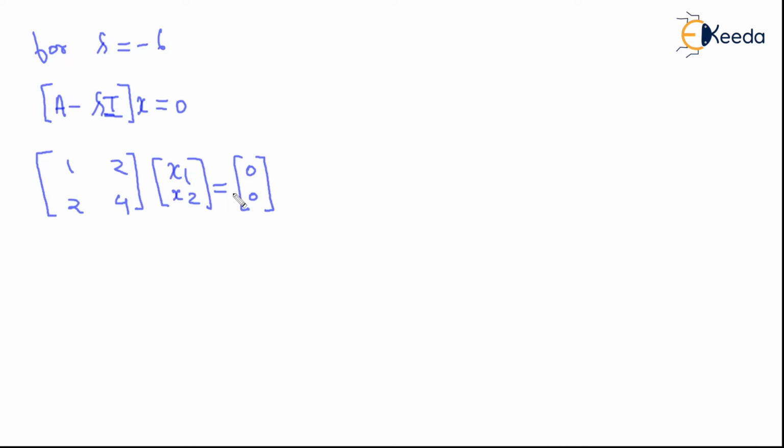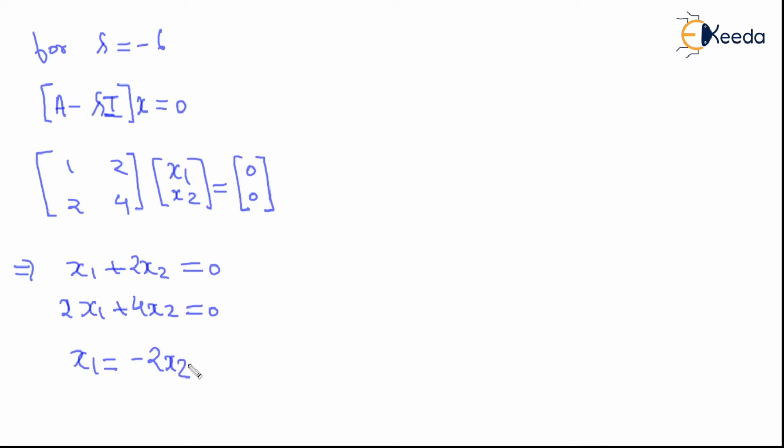Now this gives you x1 plus 2 x2 equal to 0 from the first row, and 2 x1 plus 4 x2 equal to 0 from the second row. So we can say that x1 is minus 2 x2. This is the conclusion from both the equations.